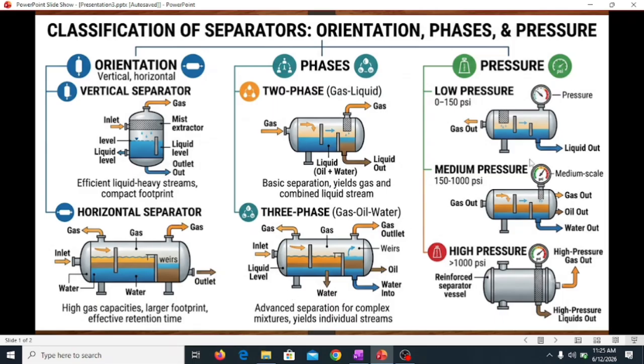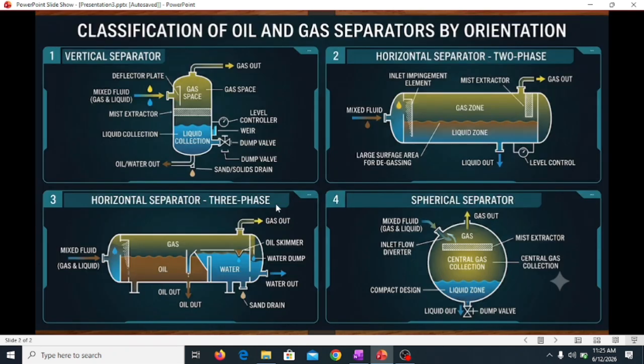Today I will be treating the classification of oil and gas separators by orientation, that is, the vertical separator, the horizontal separator, and the spherical separator.